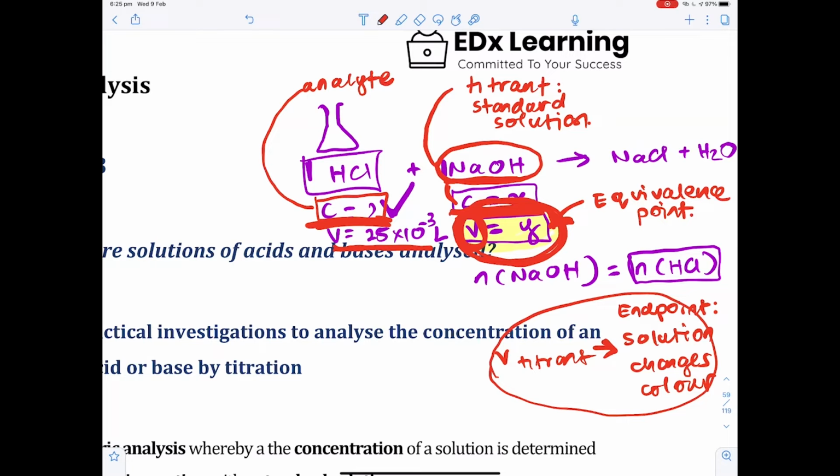That's not always the case, and if it's not, that's going to reduce the accuracy of our experiment. Does everyone agree? So the whole goal of using an indicator is so we can observe an endpoint, a point where the solution changes color. And the goal is that the solution should change color exactly when both reagents have stoichiometrically reacted.